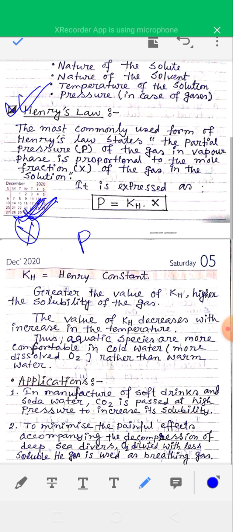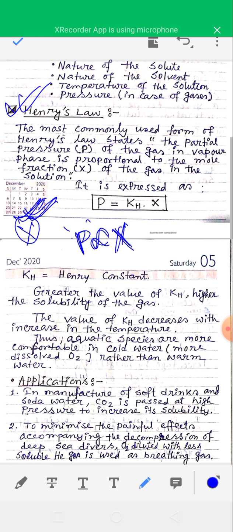According to Henry's law, you can write P proportional to X. Higher the pressure above the gas, higher is the solubility of the gas in solution. That is P proportional to mole fraction of dissolved gas.